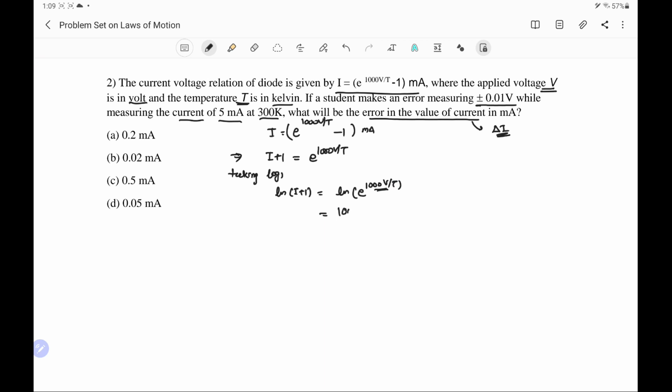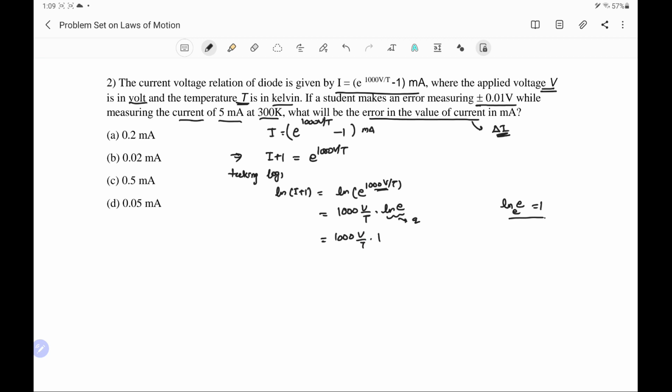We can write it as 1000 V by T into ln e. And this ln e is 1 because log of a number with the same base will always give the value 1. It is equal to 1000 V by T into 1.